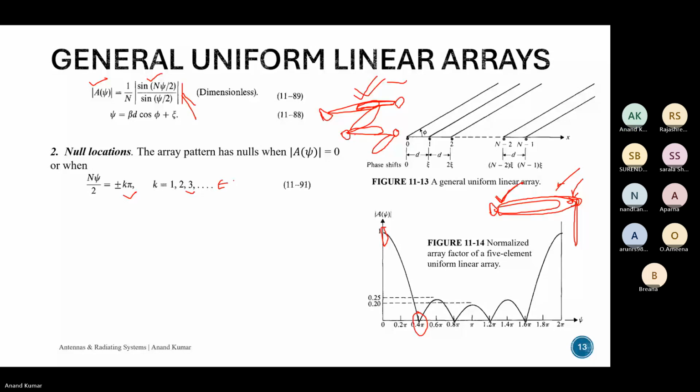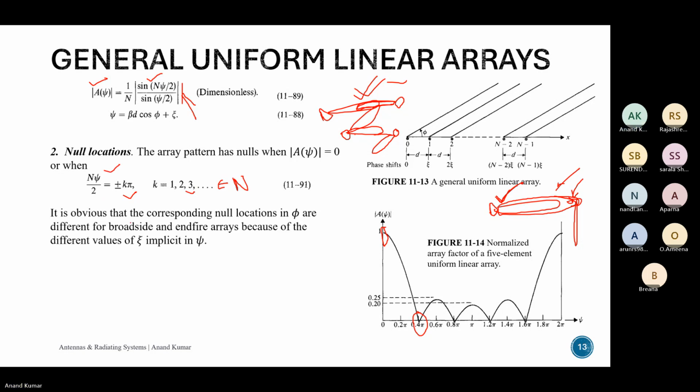Since we have included plus minus over here, k belongs to natural numbers. So in this case, we will have the null locations, and it is obvious that the corresponding null locations in phi are different for broadside and end fire arrays because of different values of xi and psi.